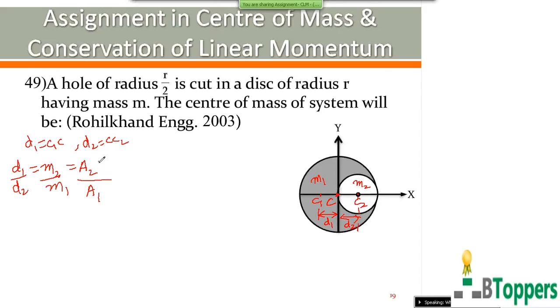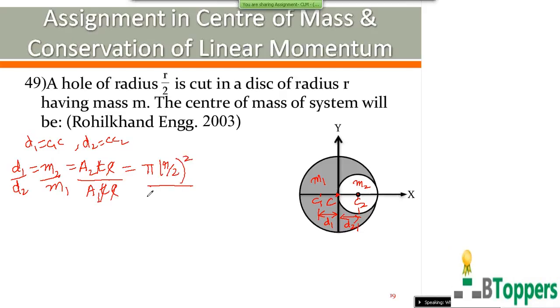Mass can be written as volume into density. Volume is equal to area into thickness. Thickness is denoted by t, rho is the density. It is a uniform plate, so thickness and density are the same throughout. The area of the circular piece removed is equal to pi into the square of its radius, that is pi into (r by 2) whole square.